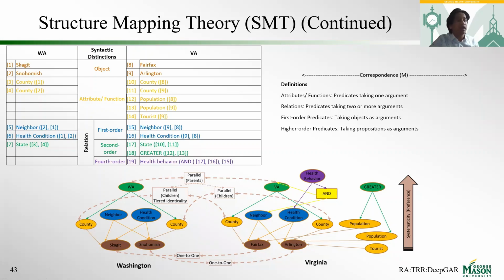The problem is all the people doing knowledge graph mapping or anything mostly focus on the first order. They do not do the second order or fourth order things. But if I can implement this SMT theory for deep learning, then I can actually go logically to higher order. So you see here, these are the things SMT focuses on. It can go for higher order relationships.